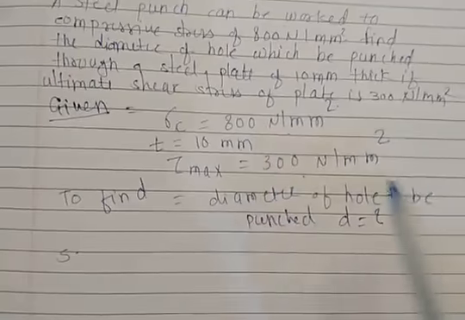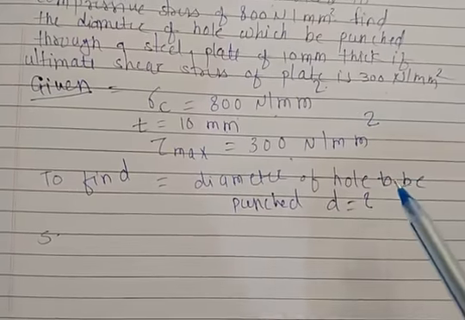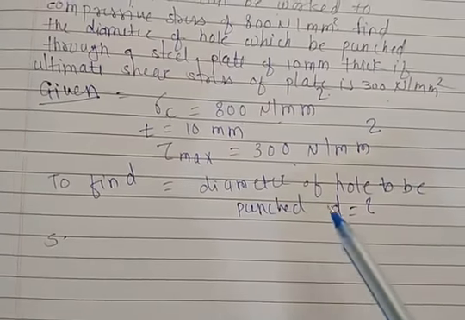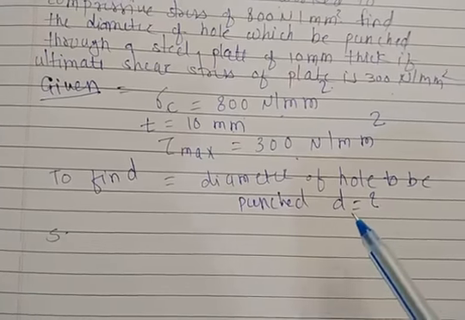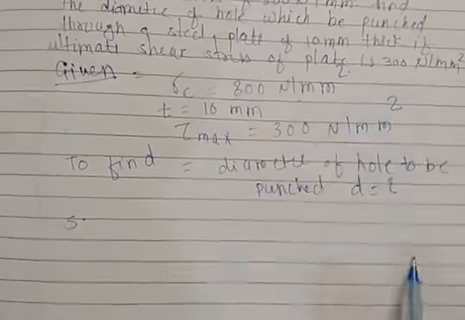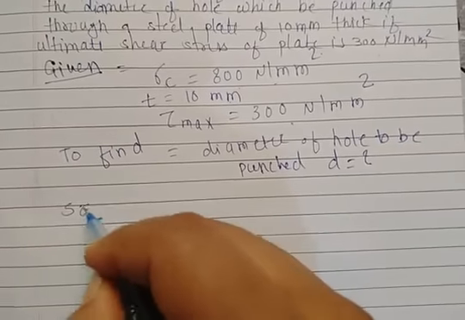And what do we have to calculate? We have to find out the diameter of the hole which is punched into the plate, denoted by the letter small d.